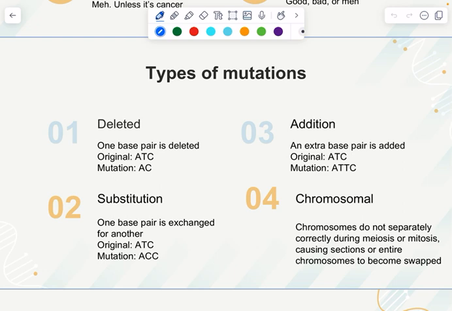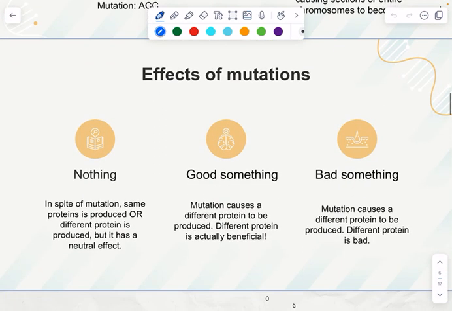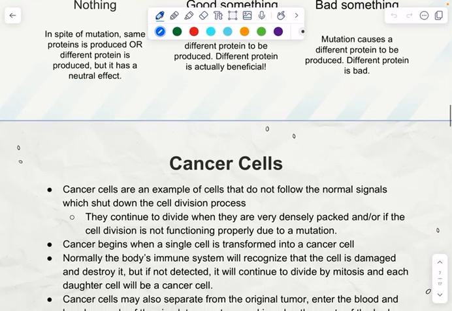You can have substitution, where one pair is exchanged for another one, like in this one, you see that T has turned into C. And then you can have an addition, where another one is added. And then, like I said, with chromosomal, you can have chromosomes be excluded. You could have one added, swapped, any combination of that. And like I've said, sometimes they're good, sometimes they're bad. It totally depends on what exactly the mutation is.